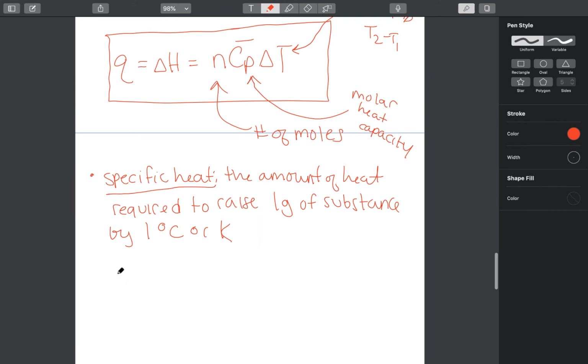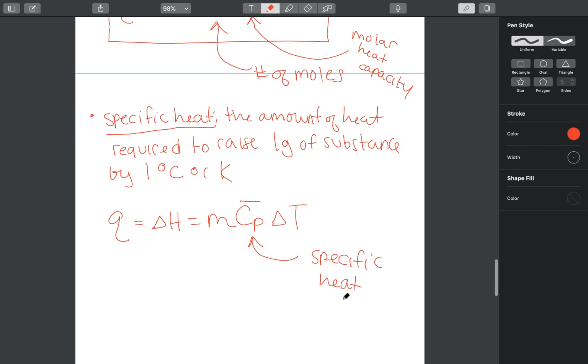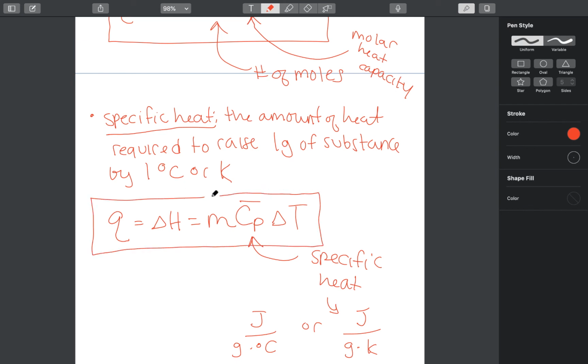The equation will look identical, except instead of N and molar heat capacity, we use M to signify mass. And this CP bar here will be the specific heat capacity, or specific heat. The specific heat is given the units of joules per gram times Kelvin, or joules per gram times degrees Celsius. And this is the more common form of the equation above.